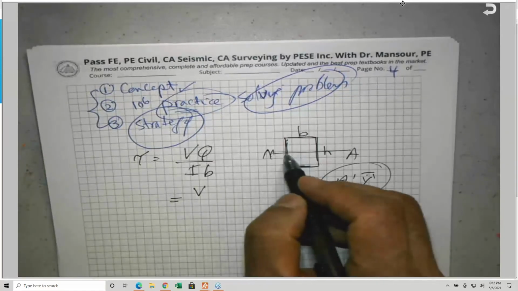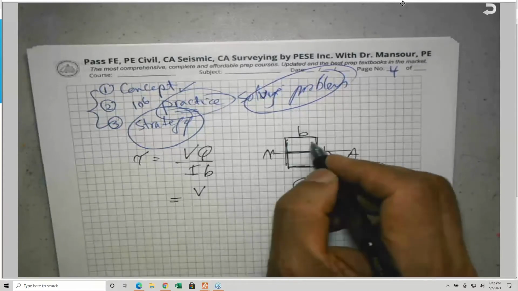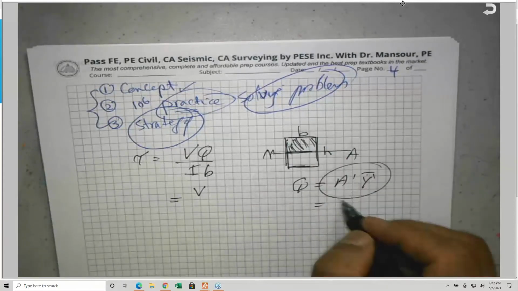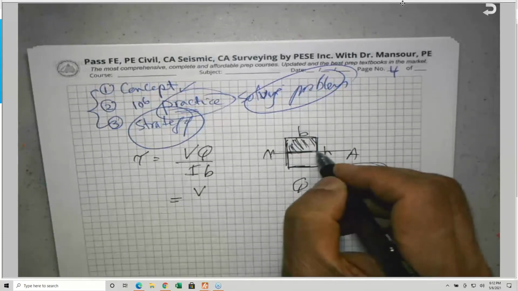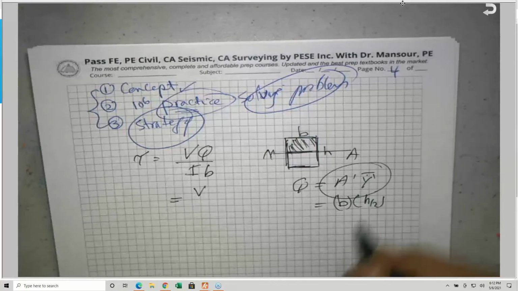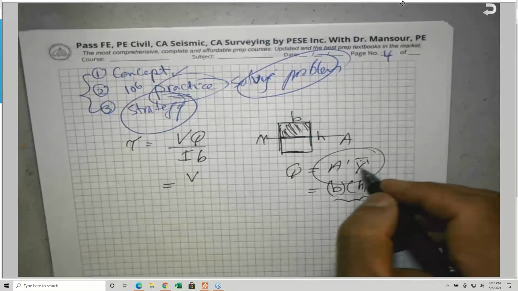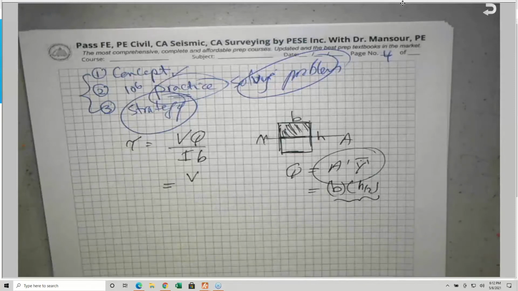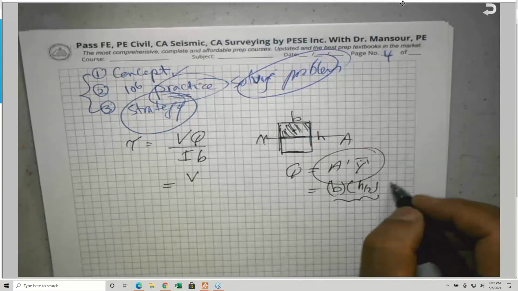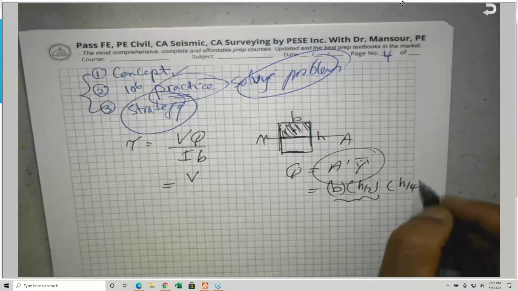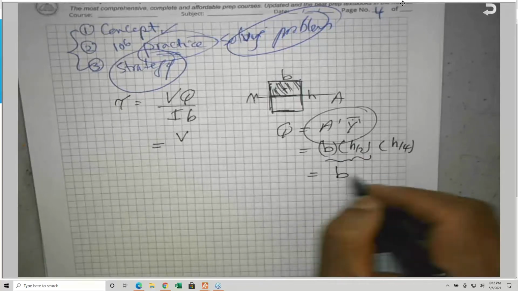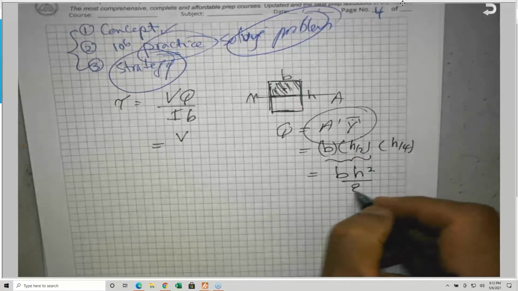What is the Q above this neutral axis? It's called the first moment of area. The area is B times H over 2. And what is the Y bar prime? The distance from the centroid of that area to the neutral axis, which in this case is H over 4. So you'll find that the first moment of area, Q, is equal to BH squared divided by 8.